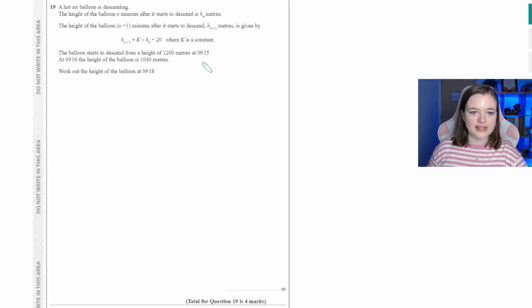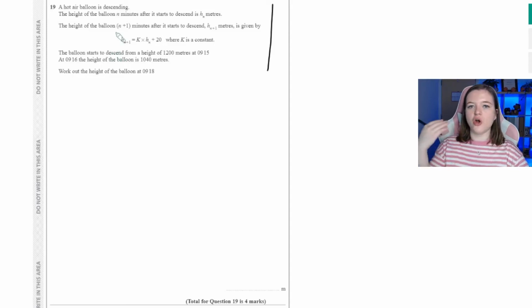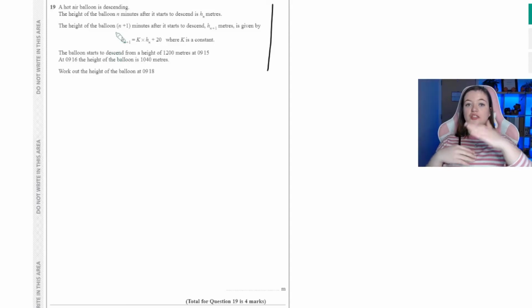Right, this looks really complicated, and they've done that on purpose. They've used really fancy maths notation. Well, not really all that fancy, but more fancy than you used to at GCSE, that's for sure. So all this means is essentially what's happening is when you're going a minute later, the balloon has descended a certain amount, right? A certain percentage of the balloon is now a certain percentage of what it was before.